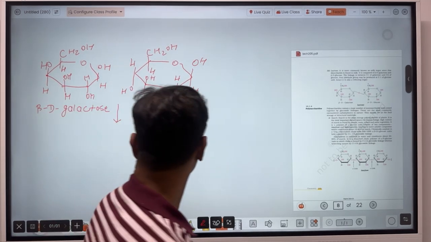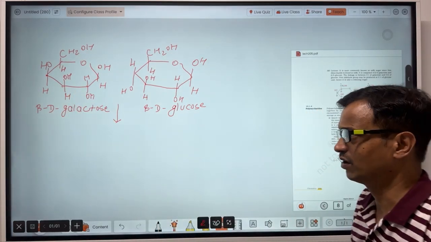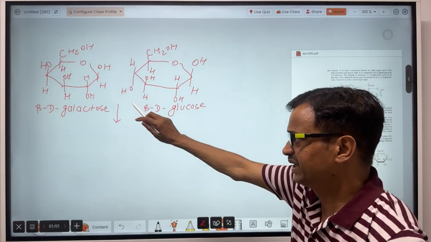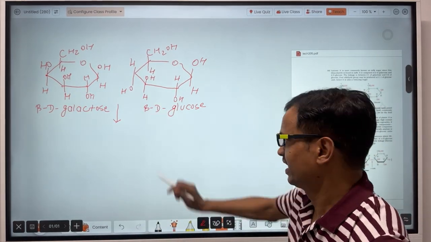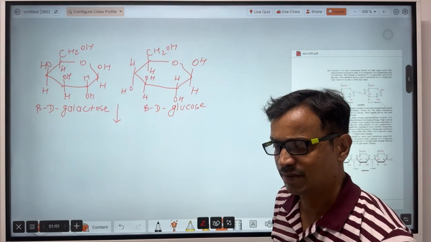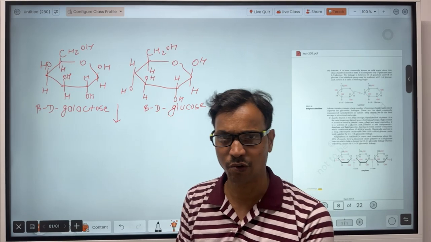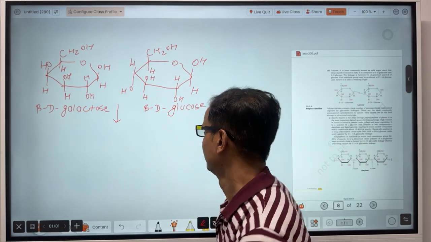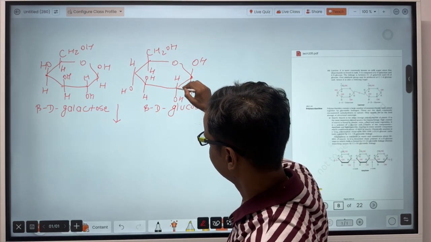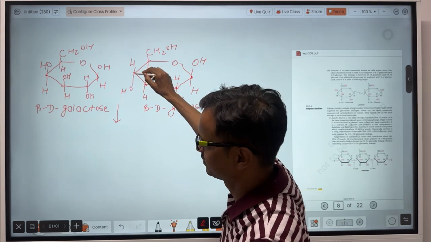What happened in case of lactose? The beta D-galactose and beta D-glucose are bonded with each other through 1,4 glycosidic bonding. So here this is the first carbon atom, second, third, and fourth.